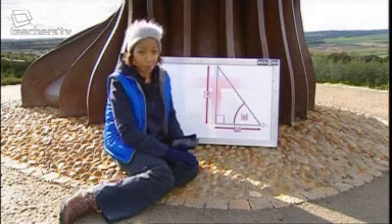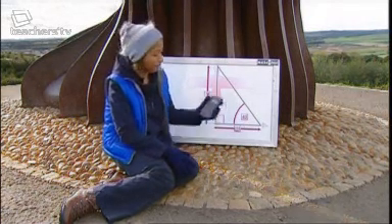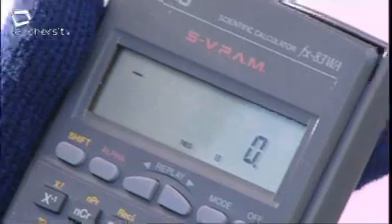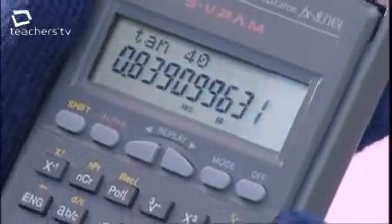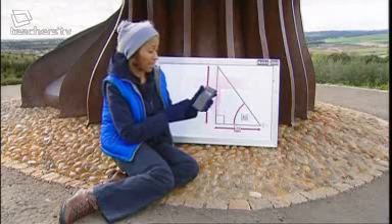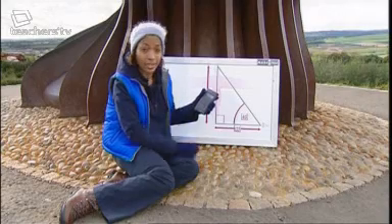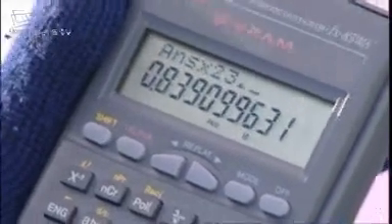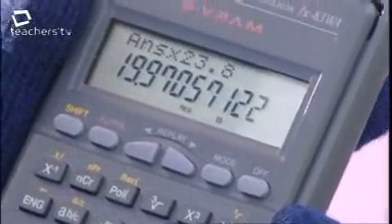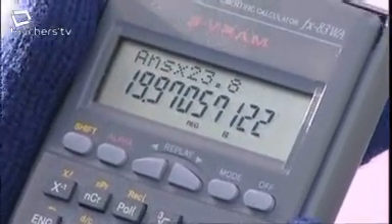To work out tan 40, I need to use a calculator. On my calculator, I key in tan 40, which gives a number with lots of decimal places. No point rounding that number yet because I need to multiply it by the adjacent length, which is 23.8 metres. And that will give me the height of the sculpture.